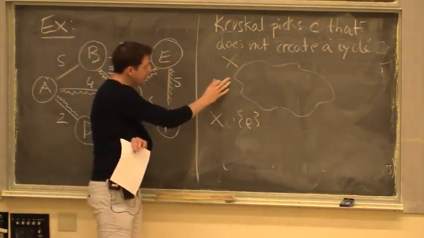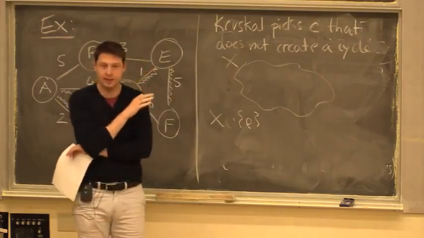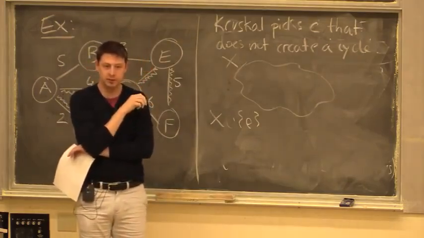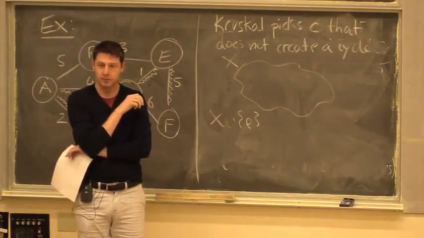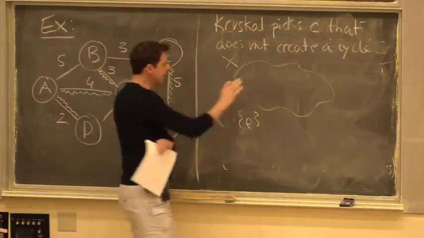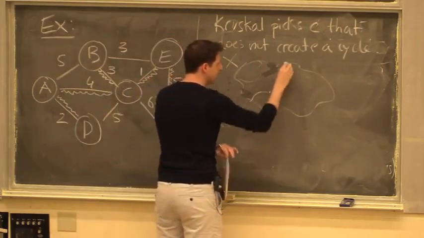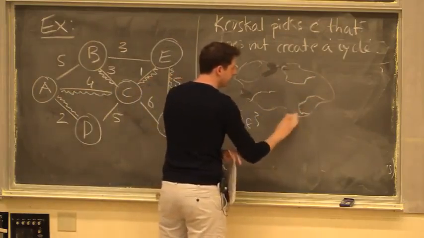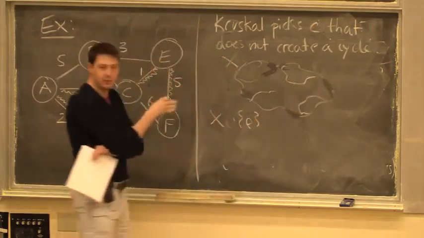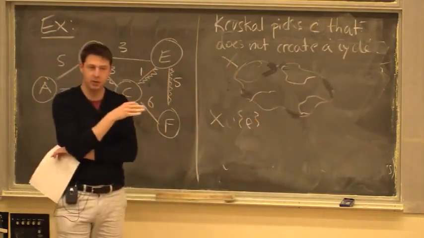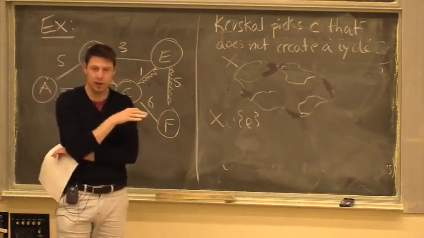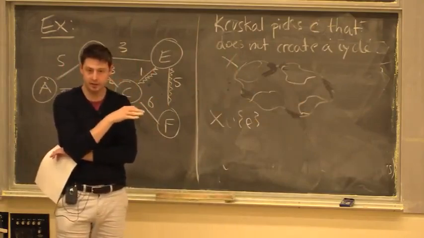Question. If I look at the subgraph defined by X, are they all in the same connected component? No, right? In fact, if anything, X will look like things that look like that. Because if they had all been the same connected component and I added an edge, I would get a cycle.